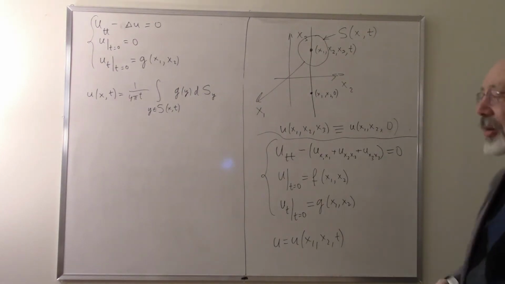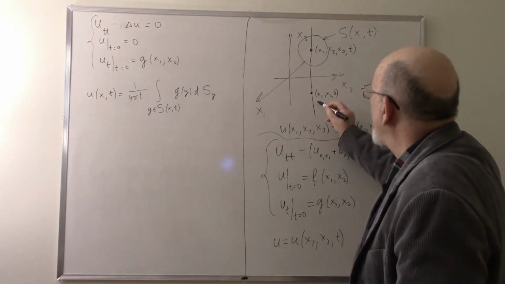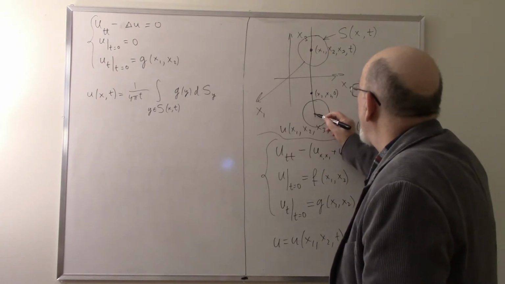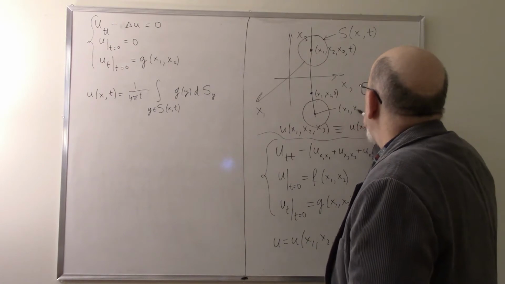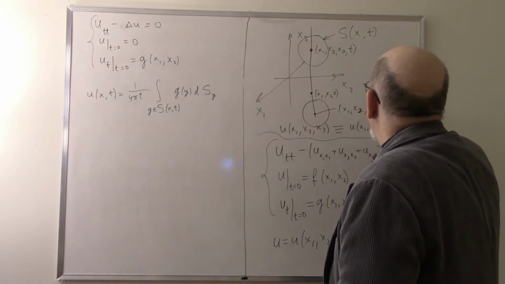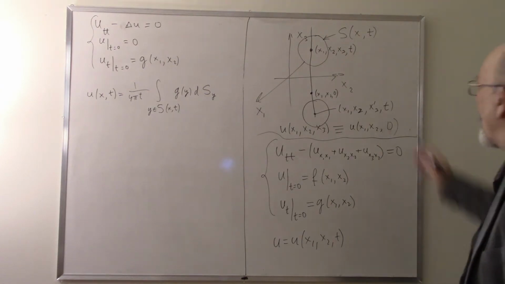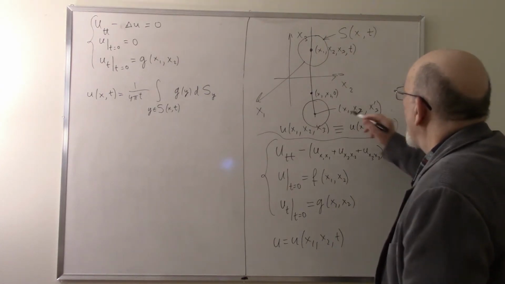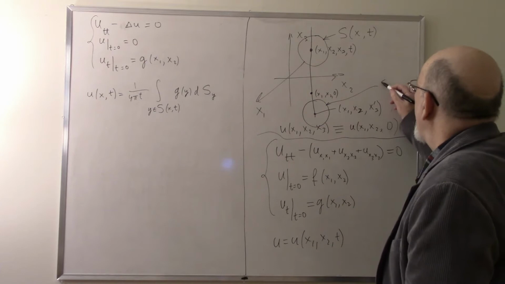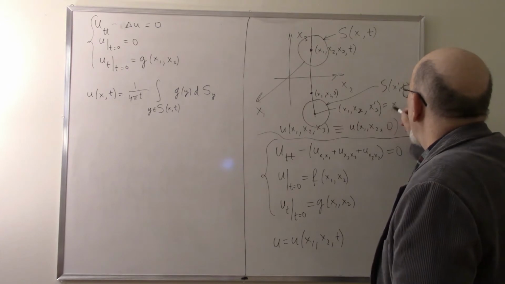And now just look, if you shift this sphere to another position along the x3 axis, so it is the point x1, x2, x3 prime, where x3 prime is a different value of x3, and this is the sphere of radius t around x prime.